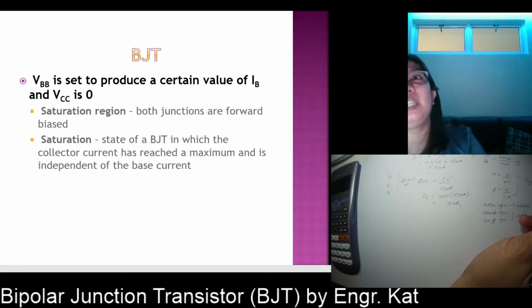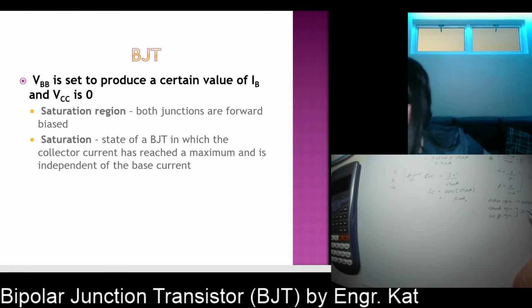So imagine, class, we have a sponge and that sponge cannot hold any droplets of water anymore. That means it is already saturated. So that is a state in a transistor. If that is the case, we have your saturation region when it functions as a switch. So maximum current.